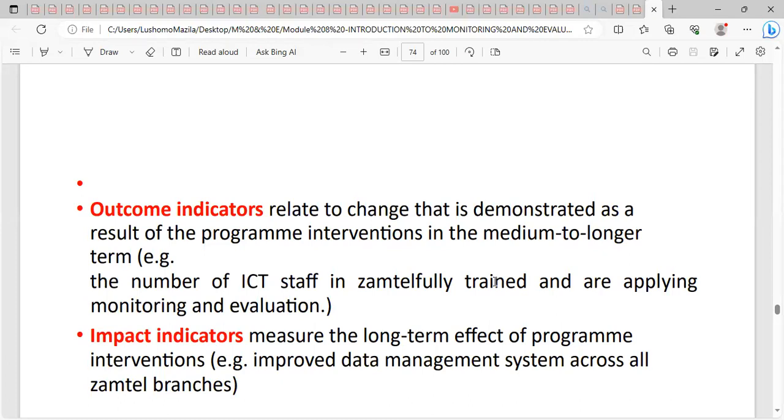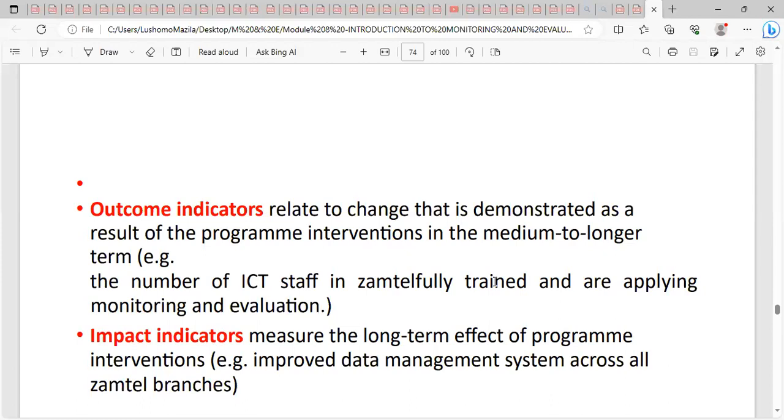So that is an outcome indicator. And how are you going to know that these people are applying the skills? This is where we are saying outcome. They are not direct, but they are short or medium term. Maybe after some months, or after a year, or even 2 years, that's when you see somebody applying.